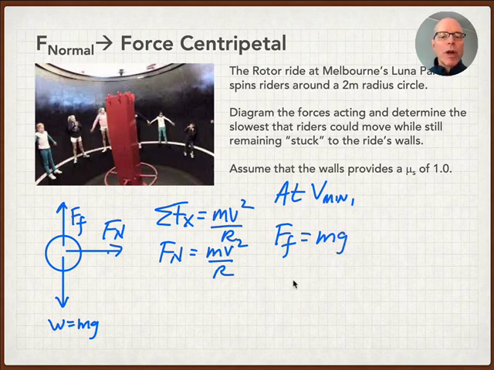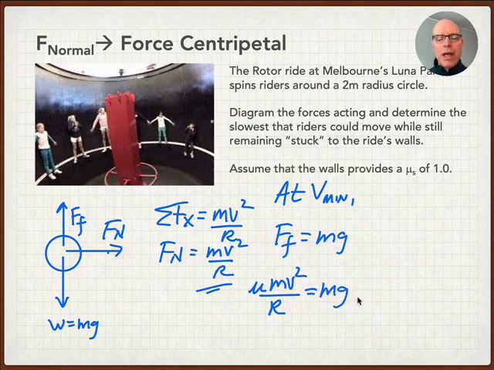And so this is what we want to break open. Force of friction is going to equal mu times Fn, but because we know that Fn depends on our spinning speed, the mass of our rider, and the radius, we get this formula for the force of friction at v min.